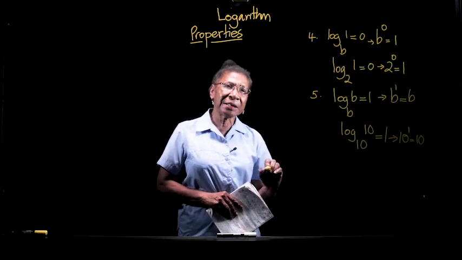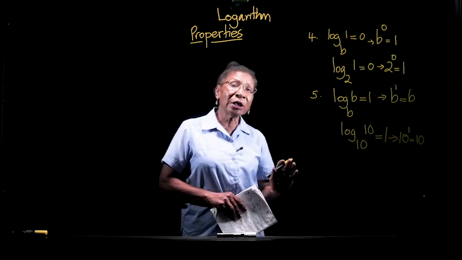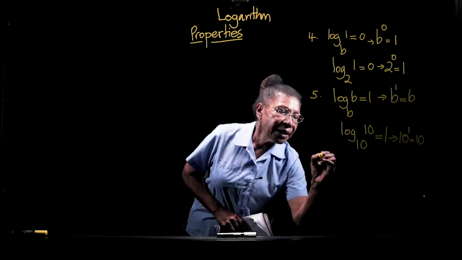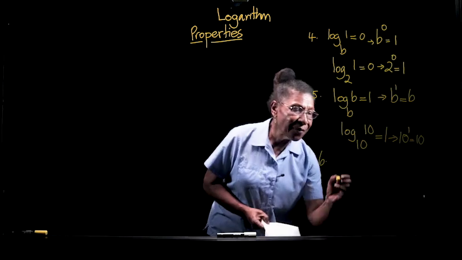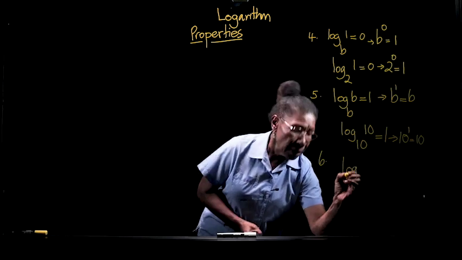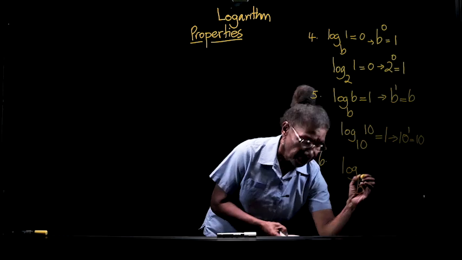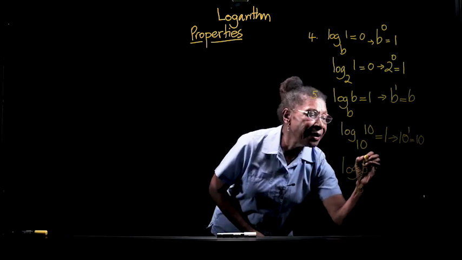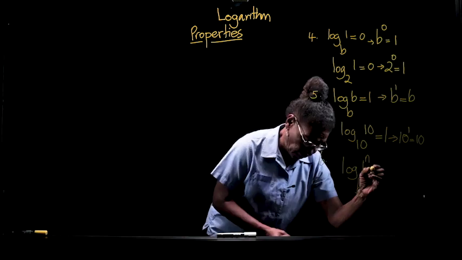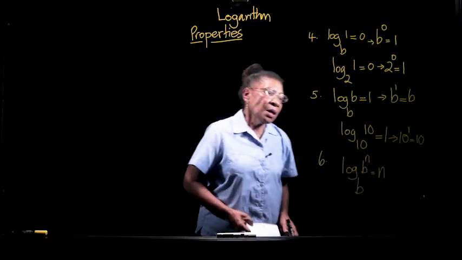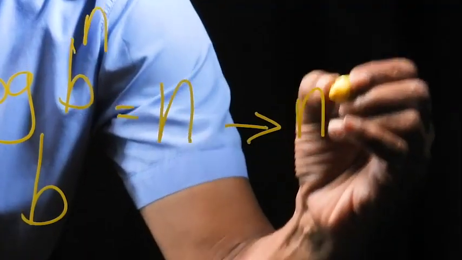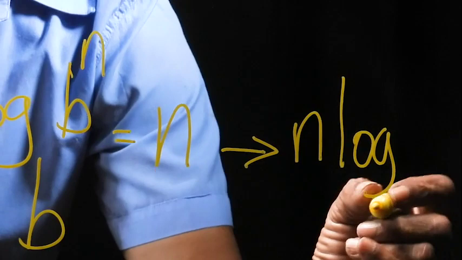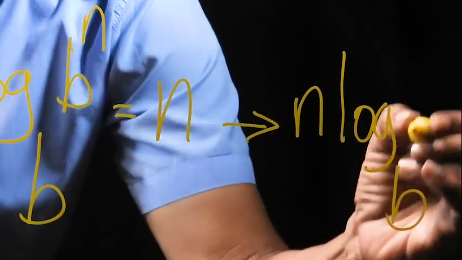Now, there are many properties in logarithm, but we'd only look at some. In that case, we call it property 6. In property 6, we have log base b of b to the power of n is equal to n. To make us see it clearer, we would write it as n log base b of b is equal to n.